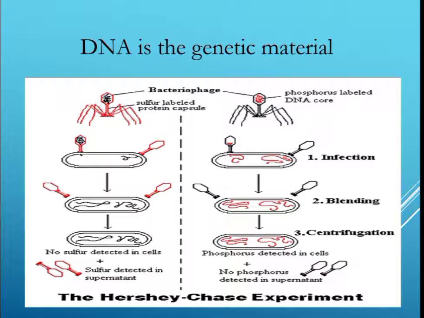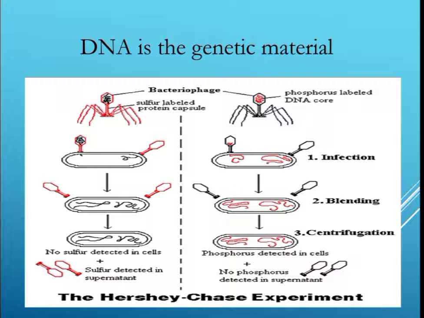The bacterial cells treat the genetic material of the virus like its own genetic material and then produce more virus particles. Hershey and Chase experimented to find out whether it was protein or DNA from the viruses that entered into the bacteria.